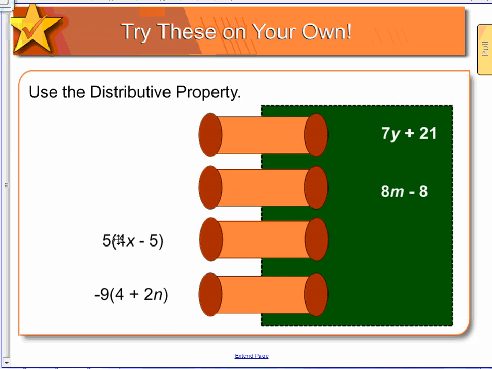All right, the last two, we have 5 times quantity 4x minus 5, so that would be 20x minus 25. All right, and then we have negative 9 times quantity 4 plus 2n, and in that case, it would be negative 36 minus 18n.